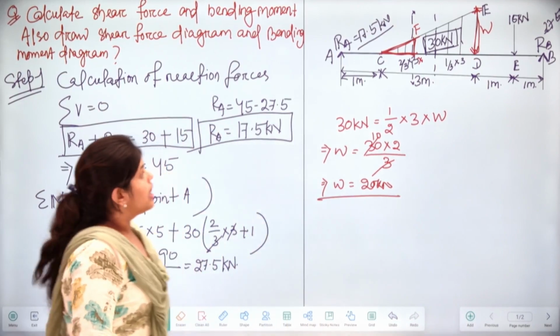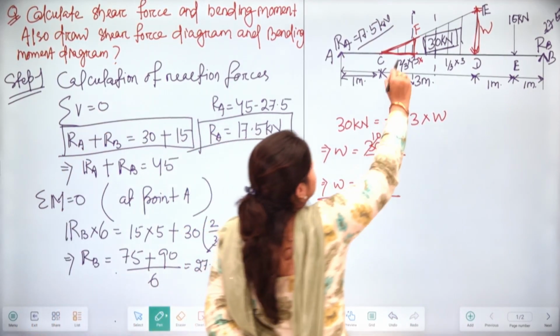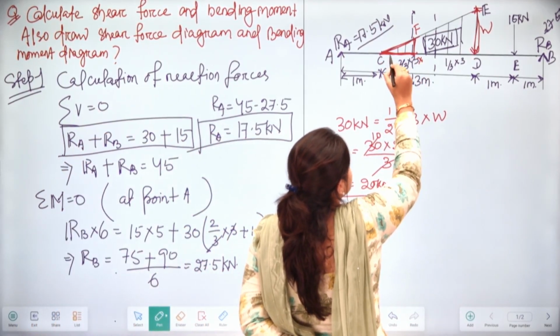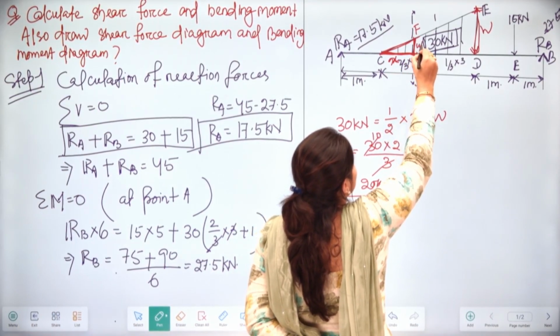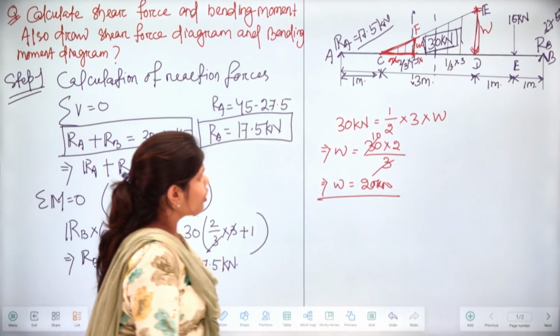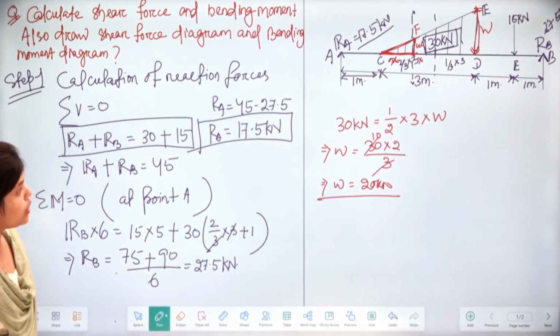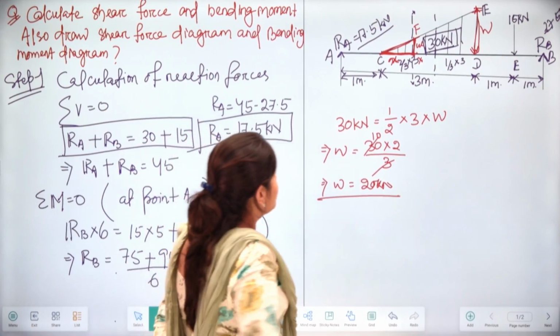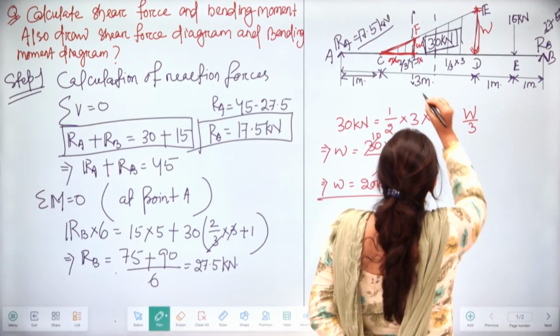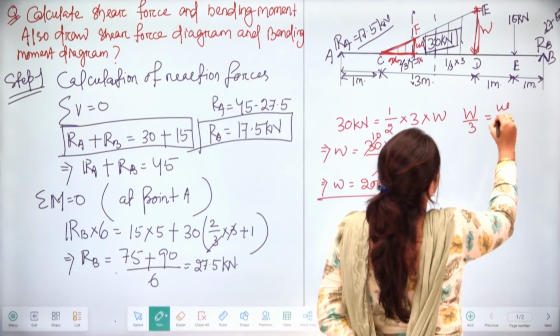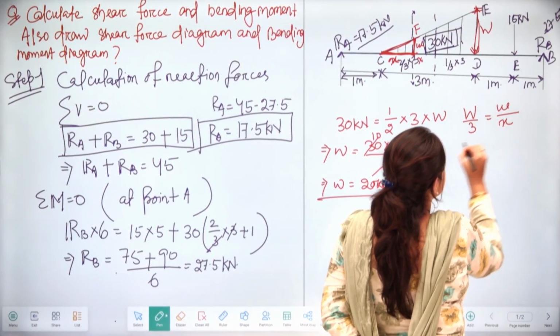So this W is the height between D and E. Right? Now we will find out this. Here let's take this distance as small x and we will find out this small w. So how to find out? Let's use the similar triangle rule. So we will have W by 3 is equal to small w by x.